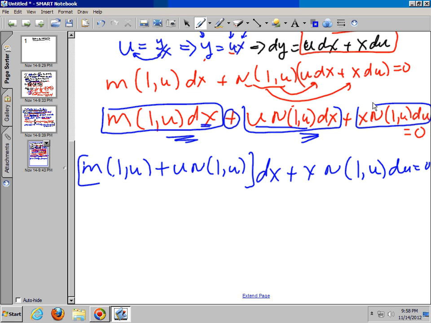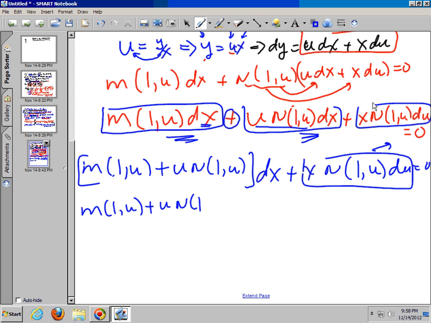So this is separable. I'm going to bring this term to the other side. So I have M of 1 comma u plus u times N of 1 comma u dx, and this is equal to negative x times N of 1 comma u du.